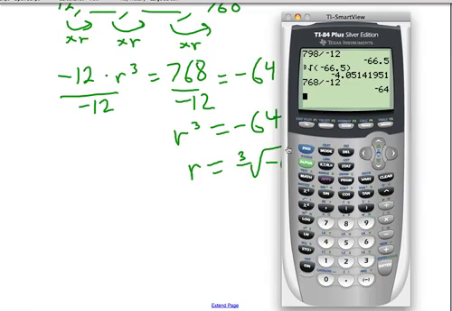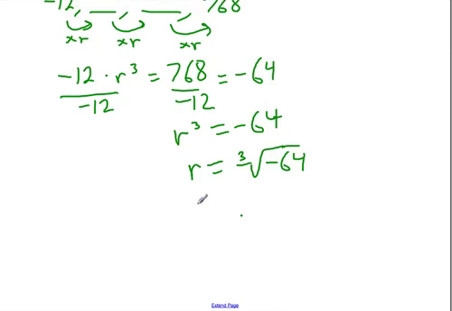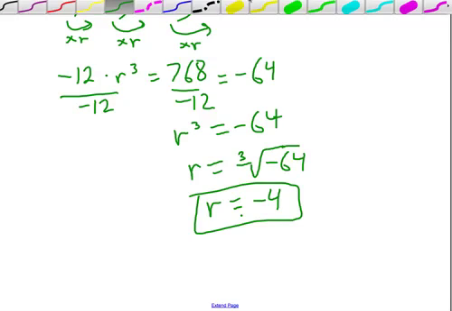And let me just show you where that is on the calculator. You can go to math, down to cube root, and I'm going to type in -64, and it is -4. So your R value equals -4. And the question also asks for U1.